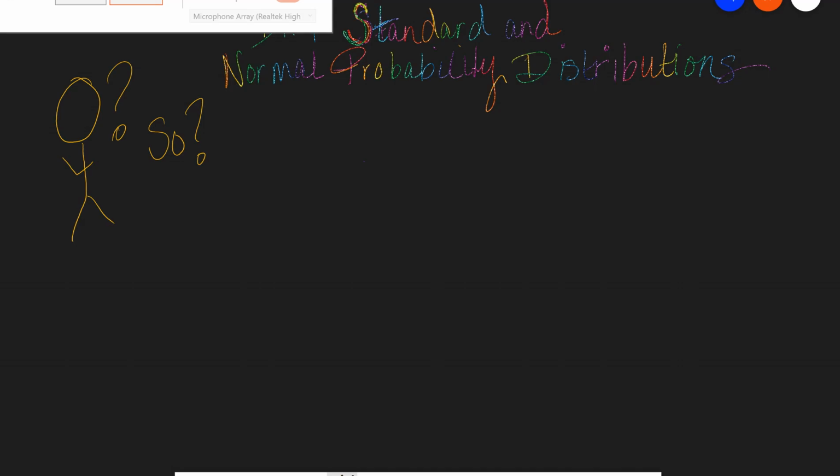So we basically will standardize a normal distribution, and in a standard normal probability distribution, the mean is always equal to 0, and the standard deviation is always equal to 1. Standardizing.